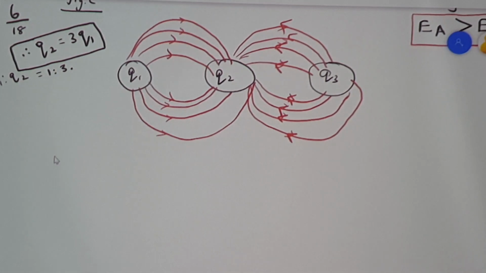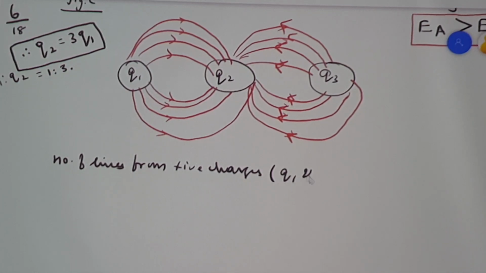So we can write the number of electrical lines from the positive charges. The positive charges are Q1 and Q3: 1, 2, 3, 4, 5, 6, 7, 8. Similarly from Q1: 1, 2, 3, 4, 5, 6, 7, 8. So the number of electrical lines coming out of Q1 and Q3 is 8 each.